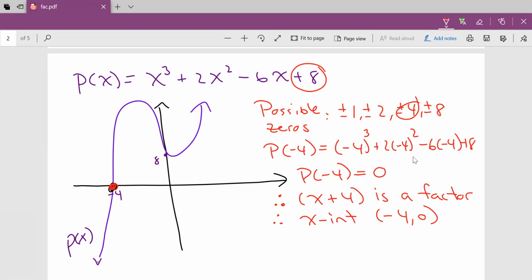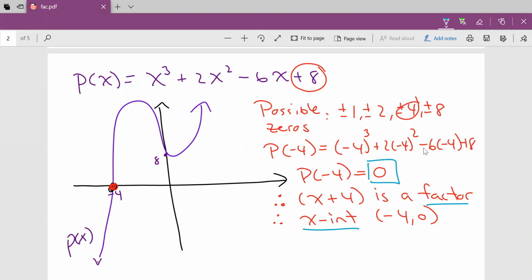That is what the factor theorem is telling us. If we end up with a remainder of 0, we have a factor. And if we have a factor, we have an x-intercept. If our remainder is anything but 0, we don't have a factor, and we have another point on our graph someplace else. That's it. Easy as that.